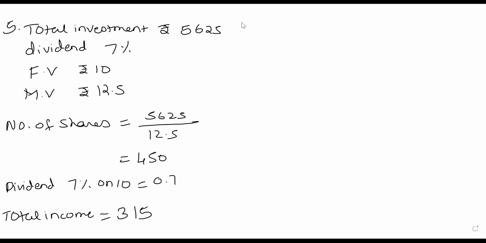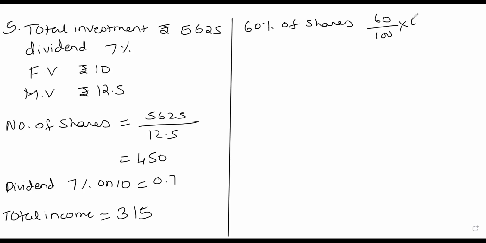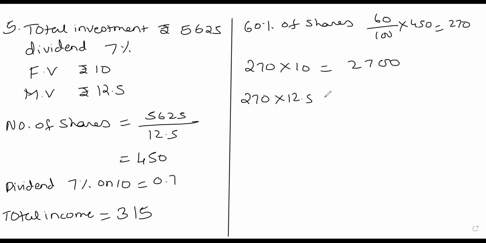So there are 450 shares, how much will 60% be? 60% of shares, that is 60 upon 100 into 450. So that is 270.